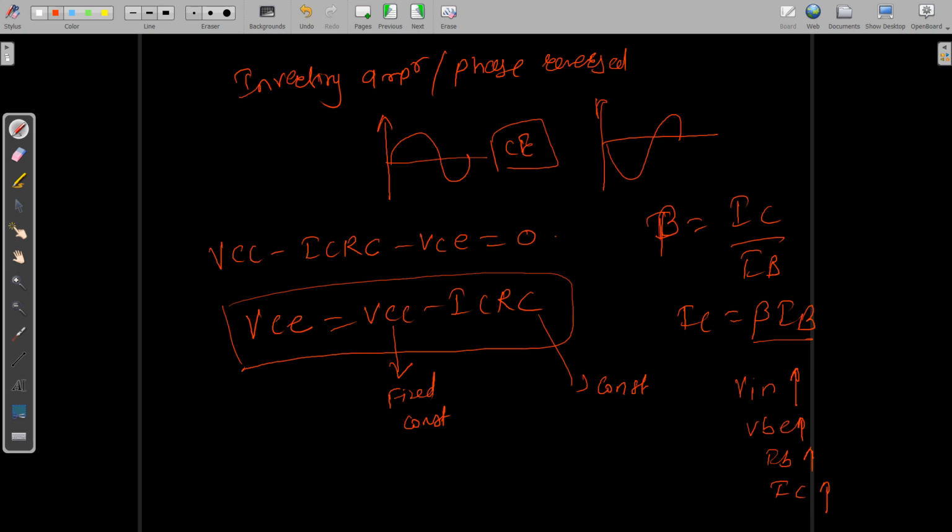Earlier, let us say your VCC is 12 volts, you have IC of 1 milliamp, and your RC is 1K. So 1 milliamp and 1K, let us say you got this as 1 and this as 12. So my VC is 11.